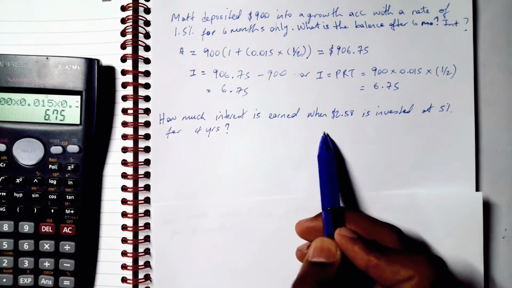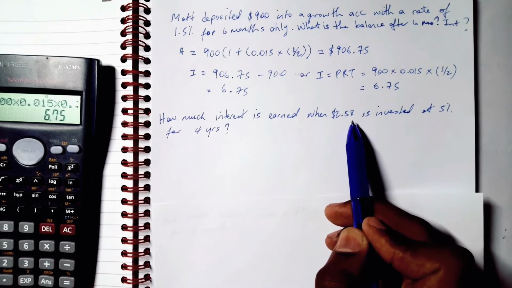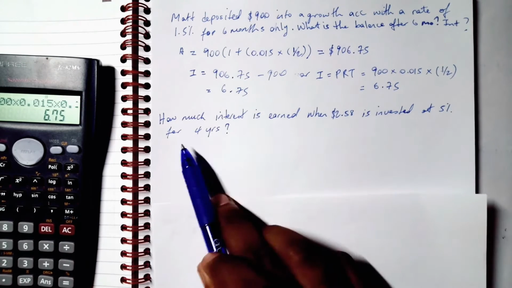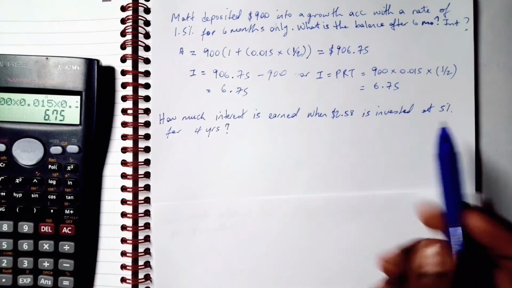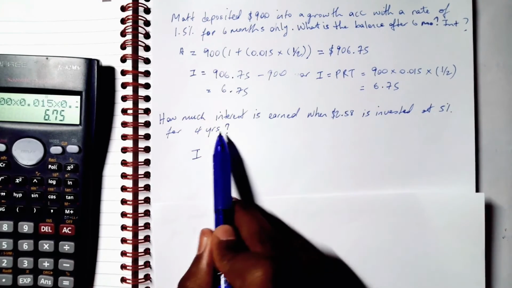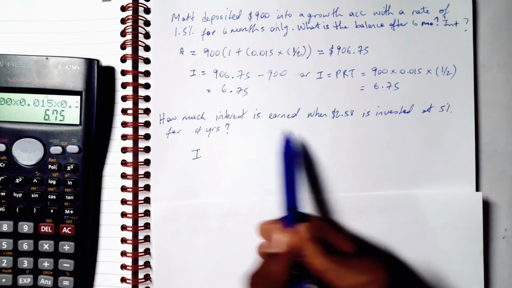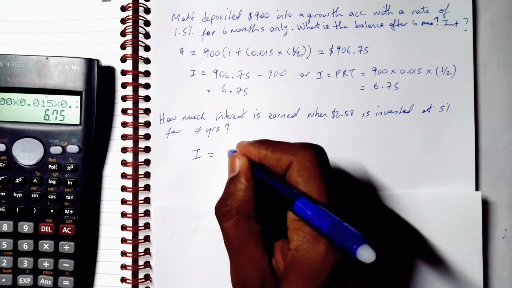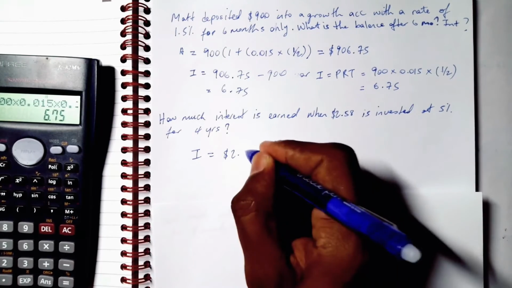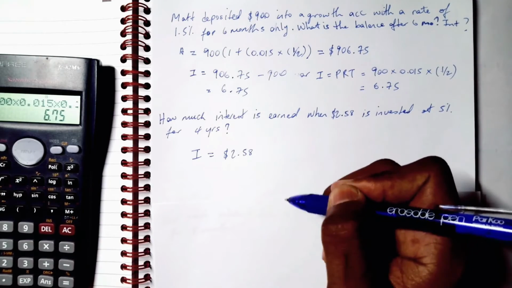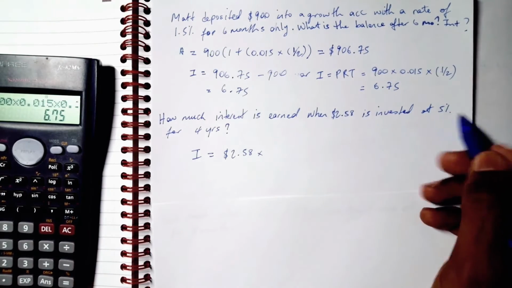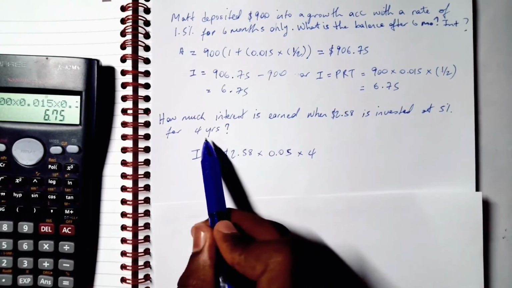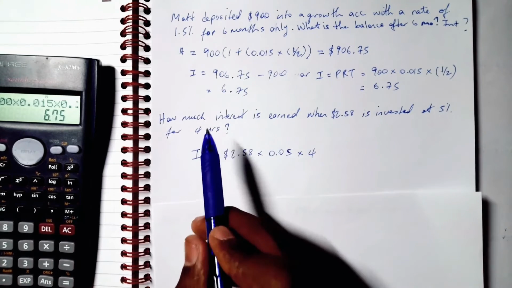How much interest is earned when $2.58 is invested at 5% for 4 years? Pretty straightforward. So we're going to have the interest, because they want only the interest earned. The interest is going to be the principal, which is $2.58, multiplied by the interest rate, converted to decimal of course, times 4. They did us a favor and had the years as years.